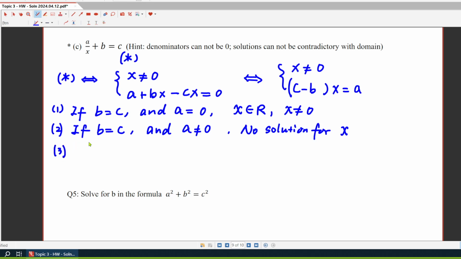And case number 3, if we have b does not equal c and at the same time the right side is 0.